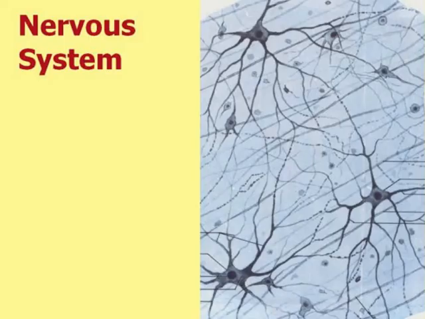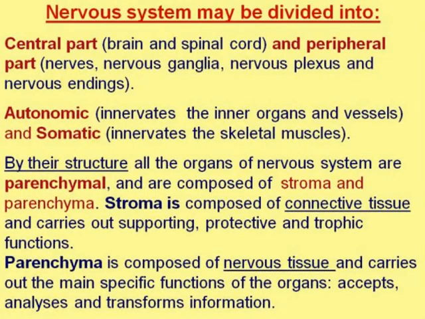The first system of organs you will study in the particular histology part is nervous system. Nervous system may be divided into central part, including brain and spinal cord, and peripheral part, includes nerves, nervous ganglia, nervous plexus, and nervous endings or terminals.